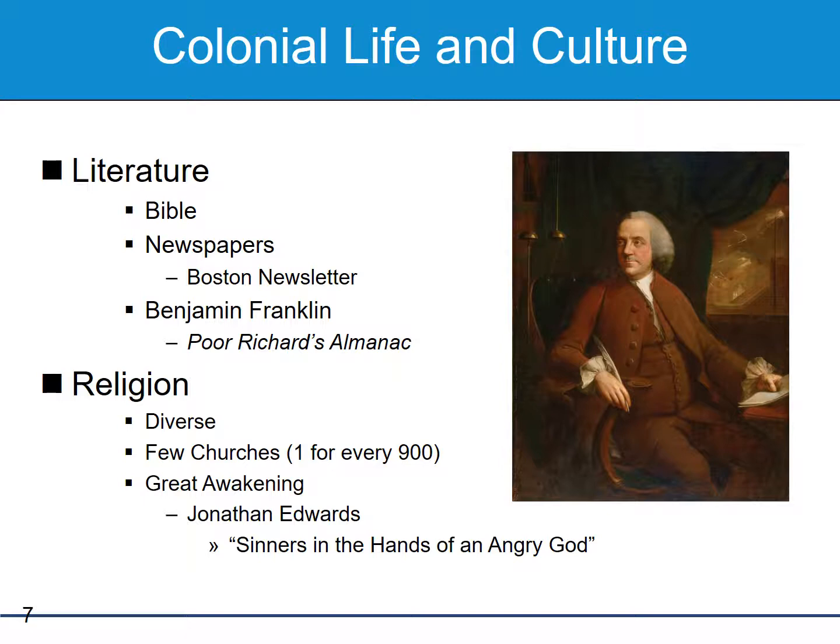In the south, we have the Church of England, or the Anglican Church. We have Catholics. And then we're going to see, when the Great Awakening comes to the New World, that we're going to have even a lot of different religions, like the Methodists and the Baptists, that are going to join in and become very popular in the colonies.